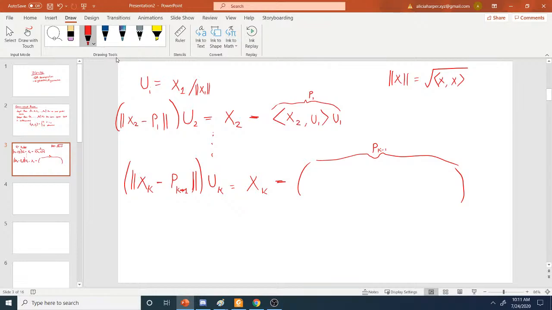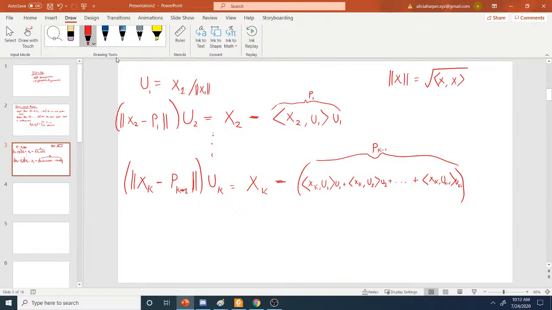So we have xk inner product with u1 times the vector u1, plus xk inner product u2 times the vector u2, plus and so on, xk inner product uk minus 1, which is the last u computed, times uk minus 1.